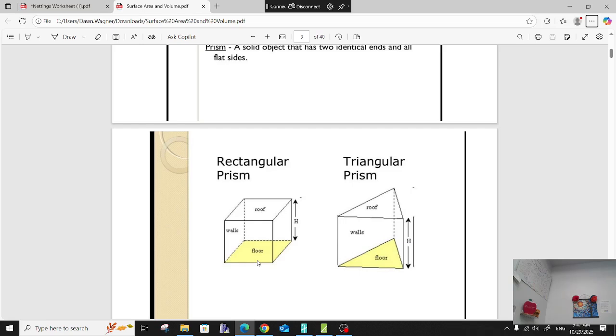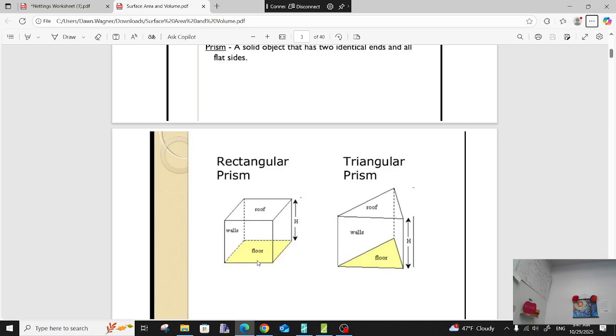Got it? Okay. Now triangle prism. It's on there. Okay. So here, triangle. Remember we talked about it. Two parallel congruent, and then you have the rectangles around.